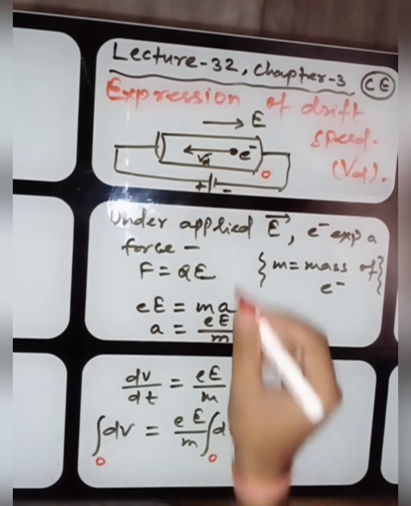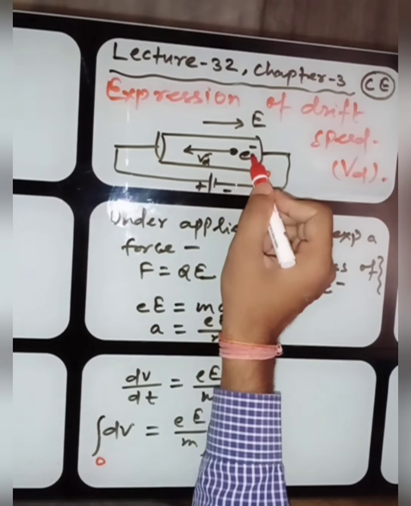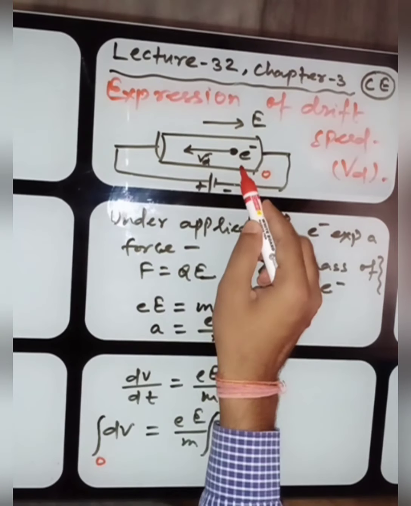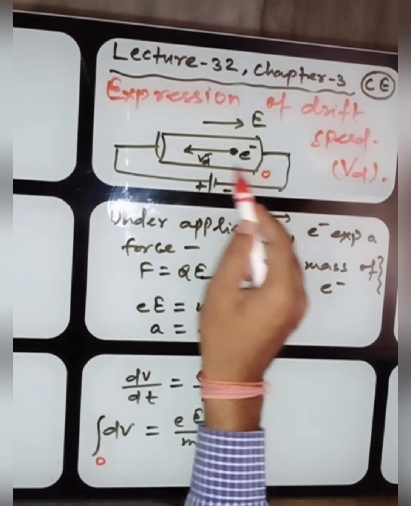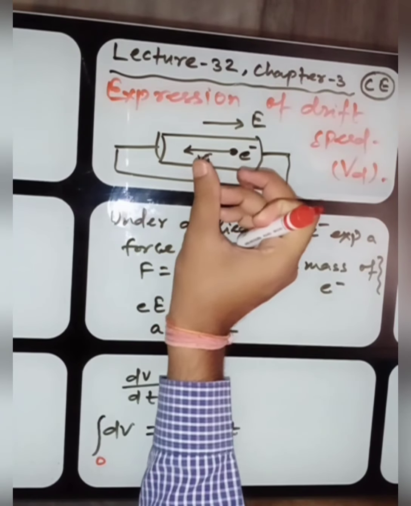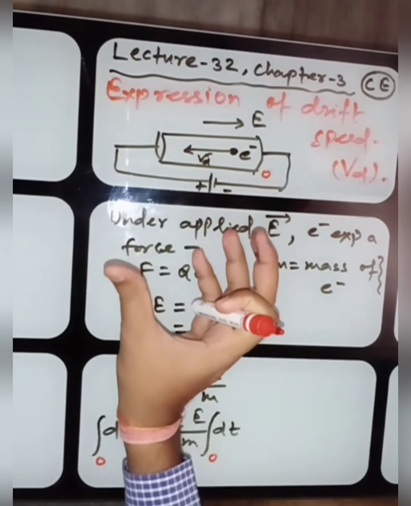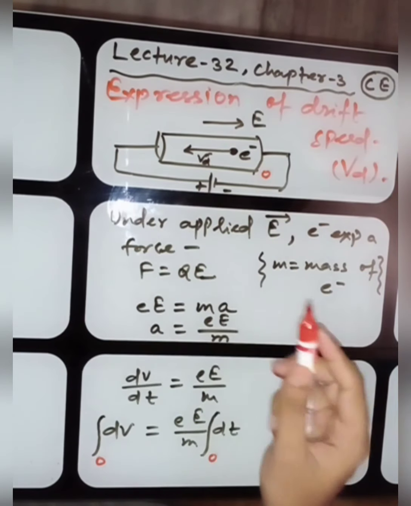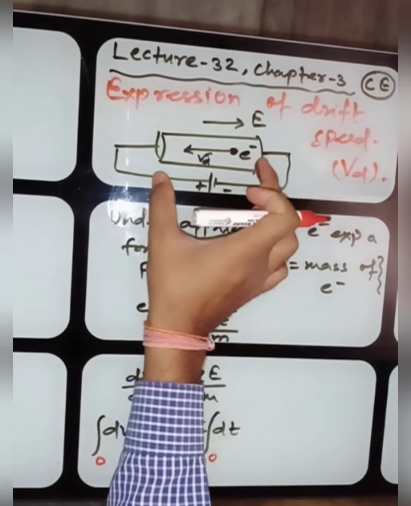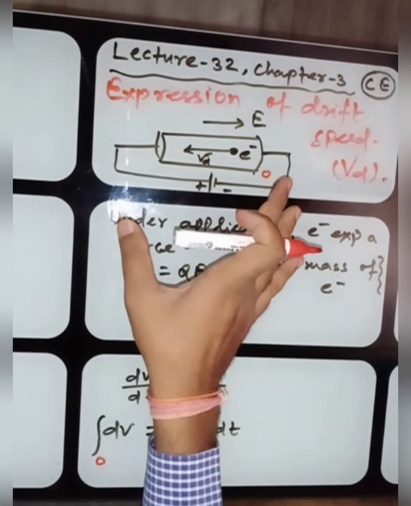Now, as the electron starts moving, we know that it will not move straight. It moves randomly. It means it will take time to come from here to here. Suppose we consider a very elemental sample and very small collisions, and that is the average time: if there are n collisions and the time is t seconds, then the average time will be t by n.